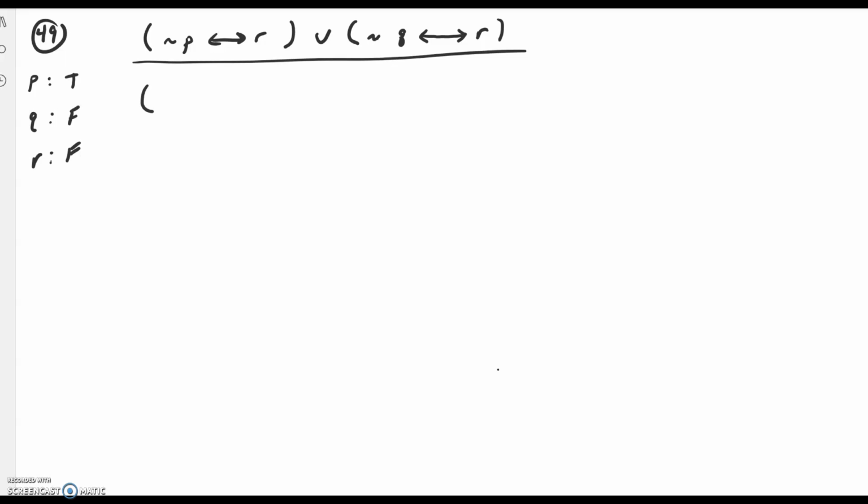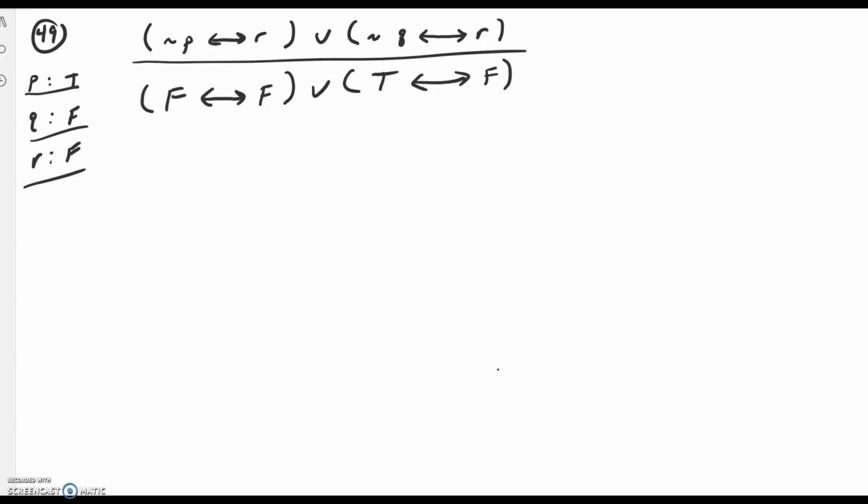The first thing we do is we evaluate each of these pieces. So P is true, we're given that, so not P will be false. This is R, R is false, we're given R is false right there. Or this is not Q, Q is false, so not Q is true. And R is false.